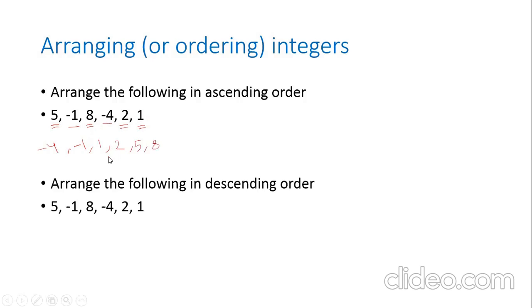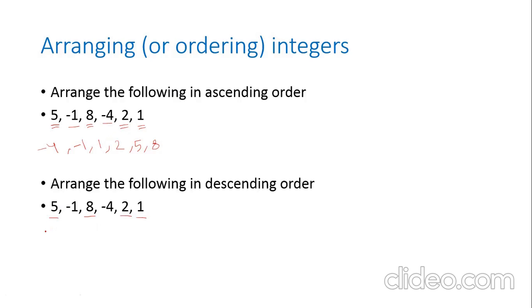Simple. Now we need to do the same exercise, but we have to arrange the numbers in descending order. So we have to start with the largest. For this reason, we start by looking at the set of the positive integers. So we have 5, 8, 2, and 1. We arrange them in descending order.